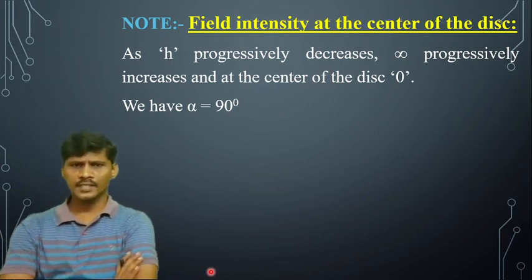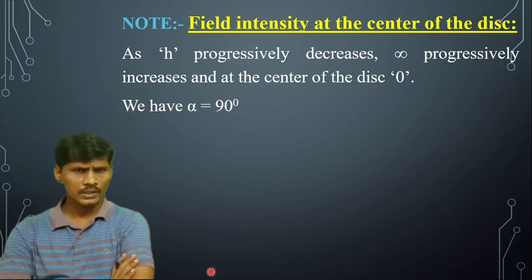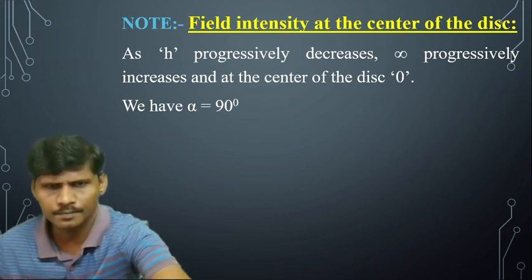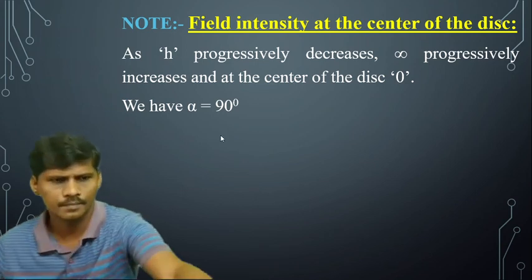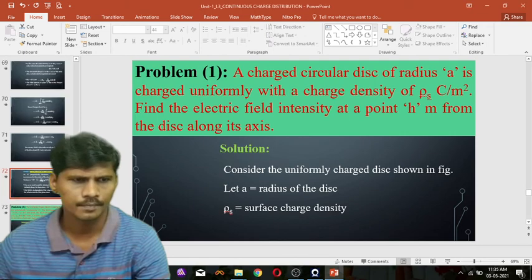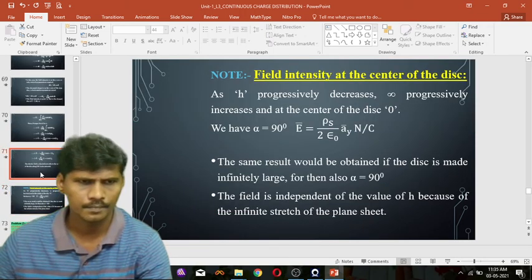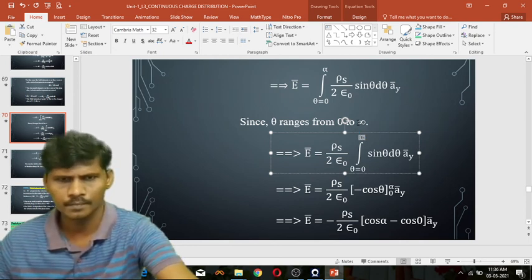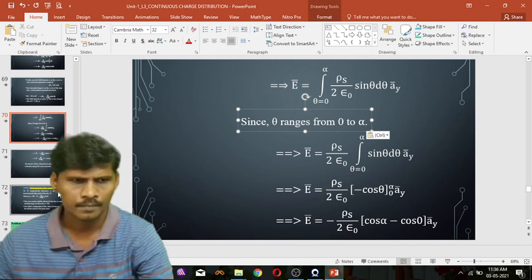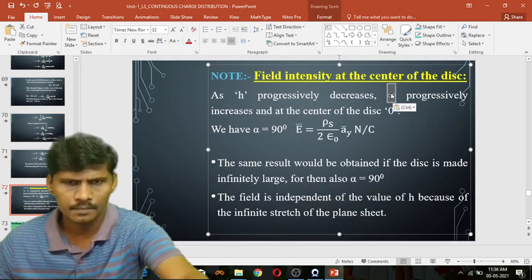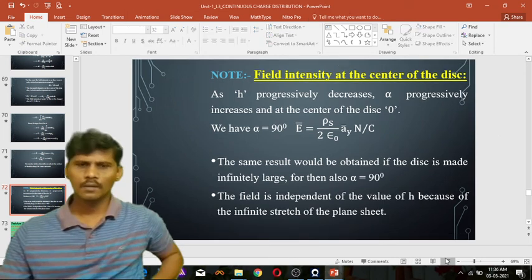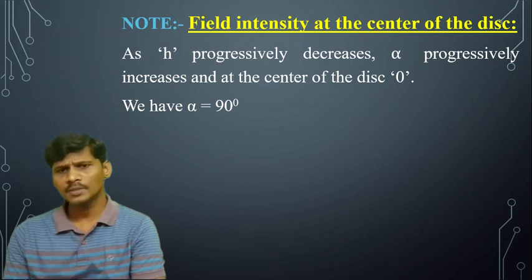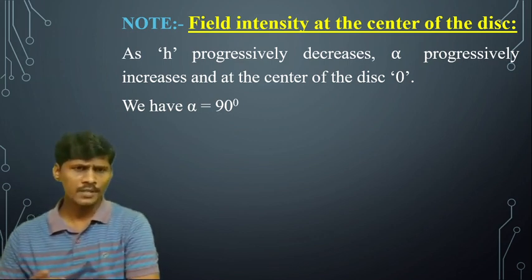As h progressively decreases, alpha progressively increases, and at the center of the disk alpha is equal to 90 degrees.